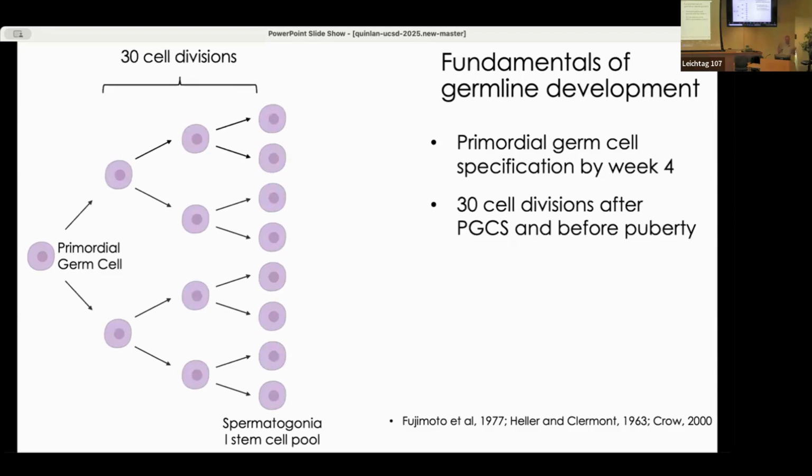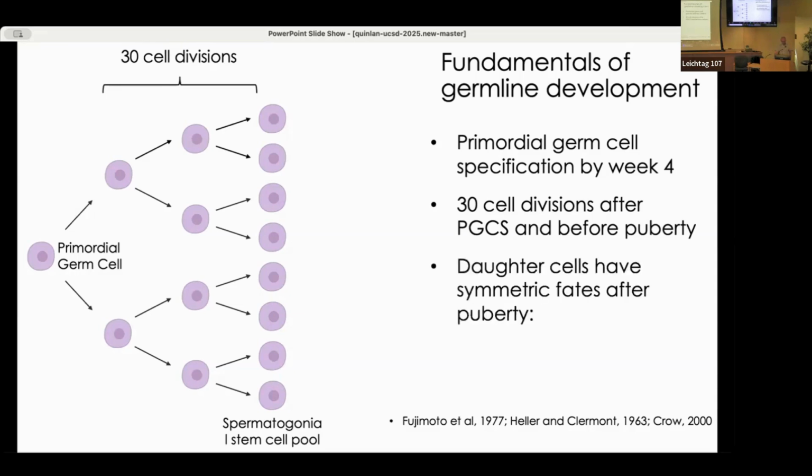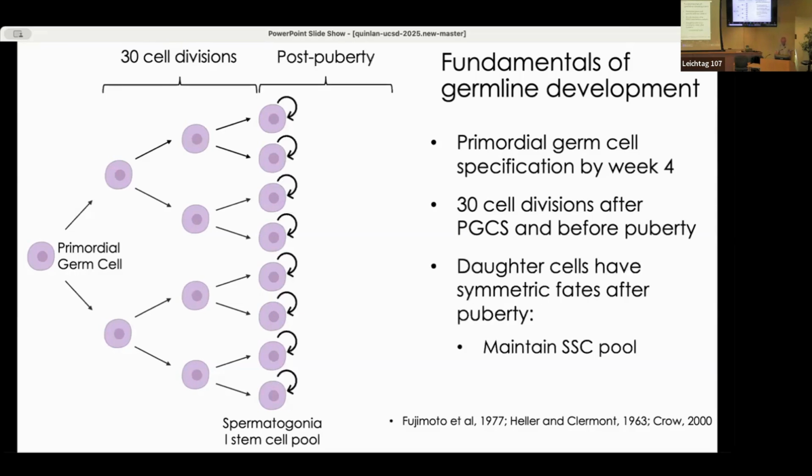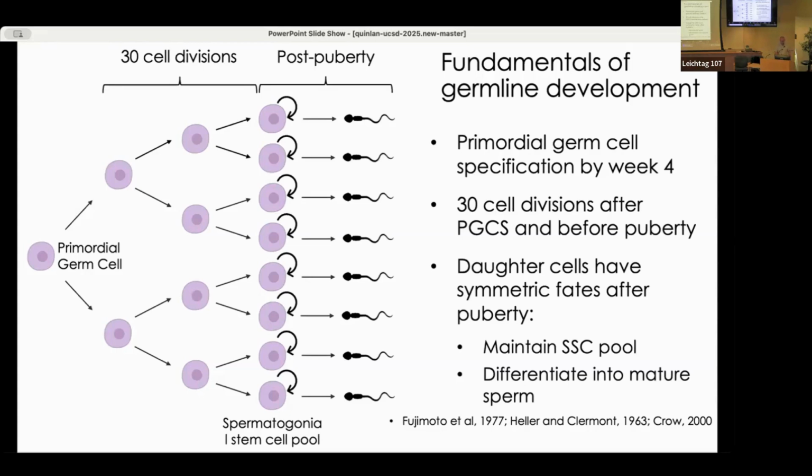That's the estimate, and it goes back to work from James Crow, but in other organisms it looks to be about the same: roughly 30 cell divisions between primordial germ cell specification and the spermatogonial stem cell pool that's poised to generate sperm at the onset of puberty. Post-puberty, these spermatogonial stem cells do two things. They renew stem cells, but they also differentiate into gametes through the seminiferous tubules that I talked about earlier.